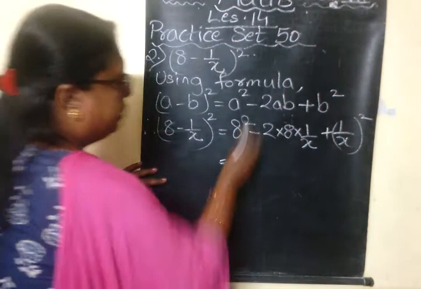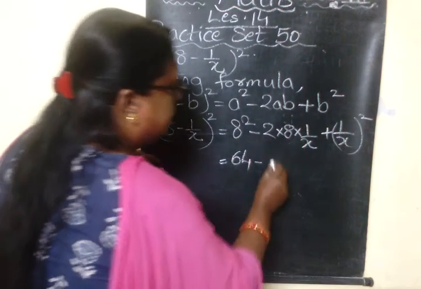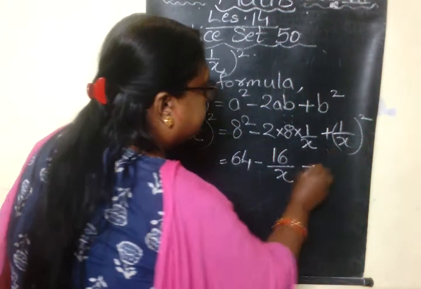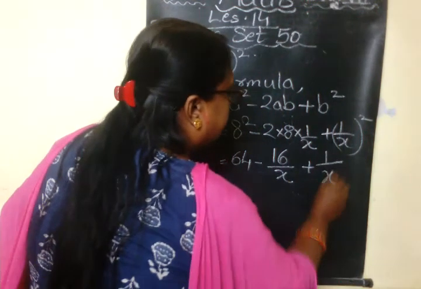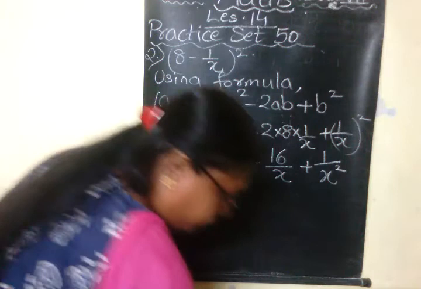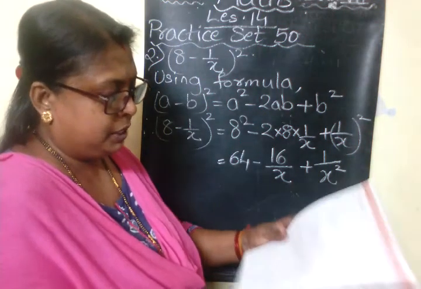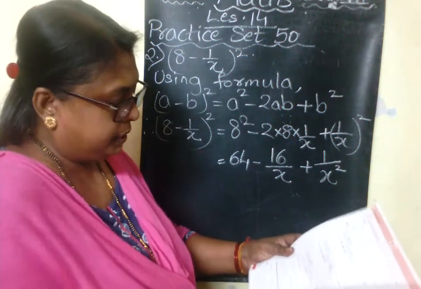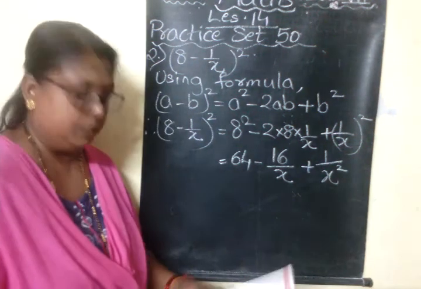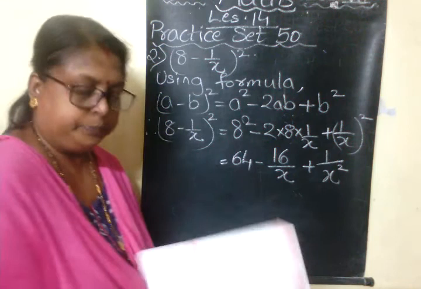Now 8 square gives you answer 64 minus 16 upon x plus 1 upon x square, because 1 square is 1 itself. So which option is correct, children? Option number C is correct. Very simple. You have to just solve it.